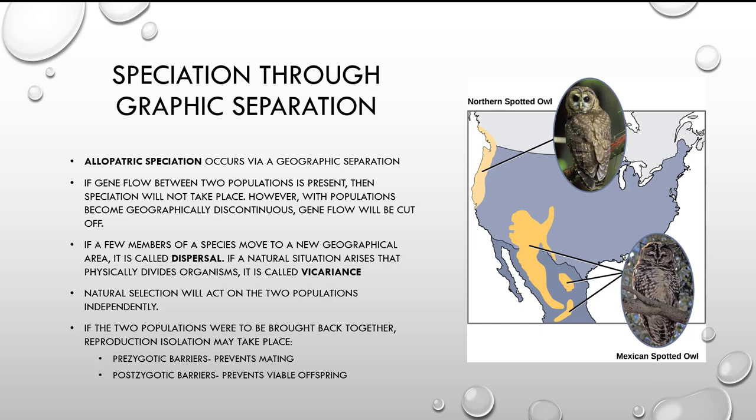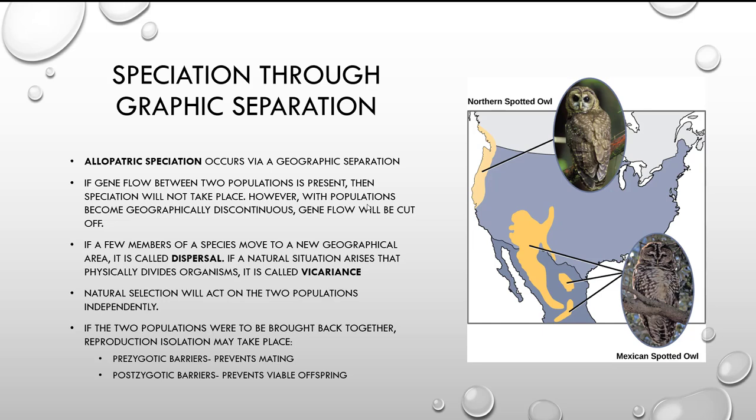Now these two populations are geographically separated. And if they're geographically separated, then the gene flow between the two populations becomes discontinuous, okay? It's cut off. And so they're no longer sharing genetic information with each other. And so if they're no longer sharing genetic information, they become reproductively isolated from one another.